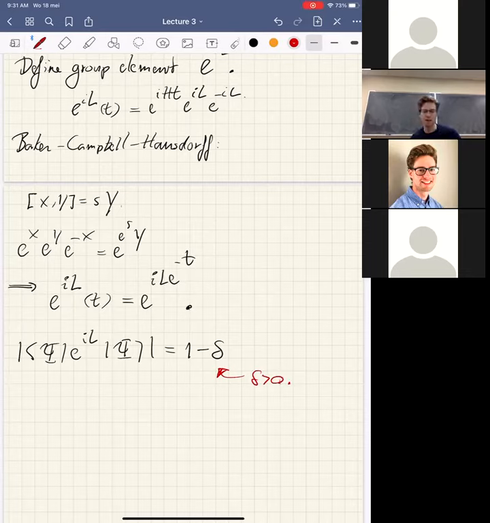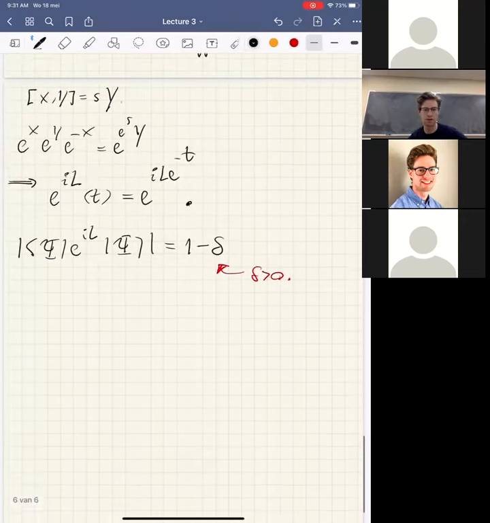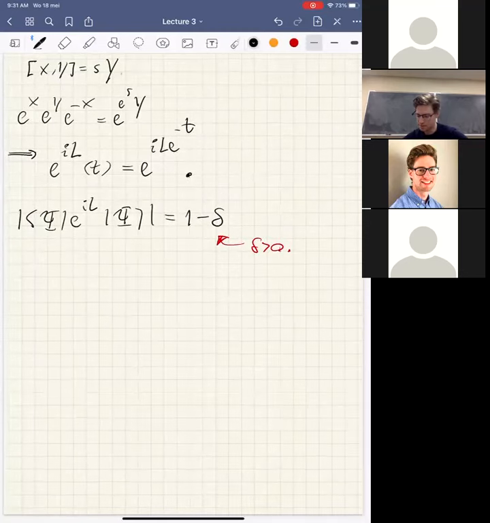So it's always possible to find a particular state psi for which this is true, where delta is positive. Okay, so this is the expectation value of e to the iL at t equals 0. And then we can also consider what happens when we look at the time evolved expectation value.